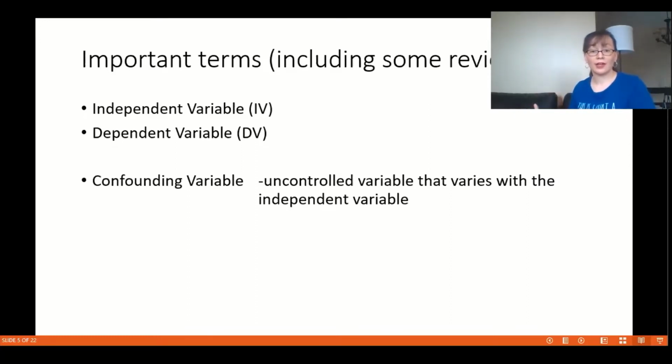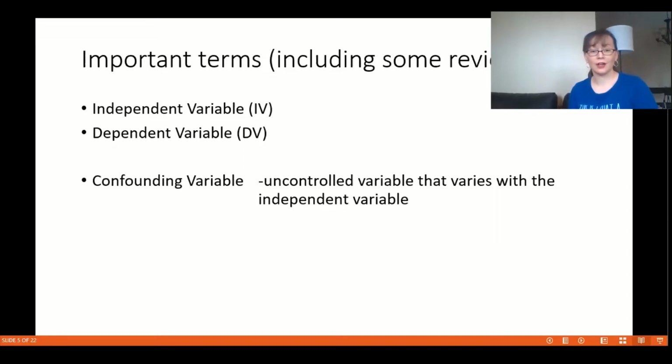When we want to make that claim, we want to know that the independent variable was the only difference between our two groups. If it is, then we can say confidently that the difference in the dependent variable between our groups is because of that manipulation, because of whatever situation we put those groups in. But if we have a confounding variable, now we have two things that are different between our groups.